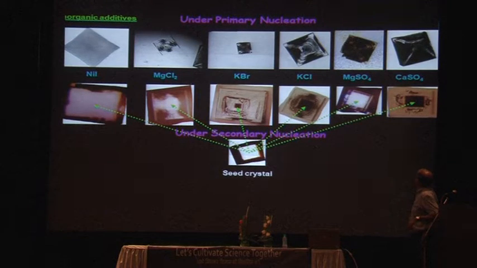Then we tried other things. We tried many things actually, hundreds or thousands of experiments. We used magnesium chloride, all arbitrary, potassium bromide, potassium chloride, magnesium sulfate, calcium sulfate, what not. We used seed crystals: we took a cubic crystal, put it in sodium chloride solution, and added some impurity, all kinds of things.